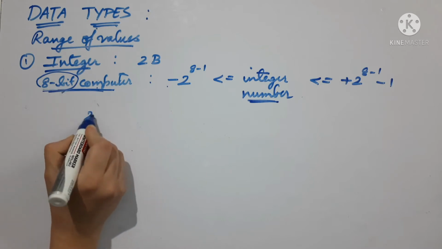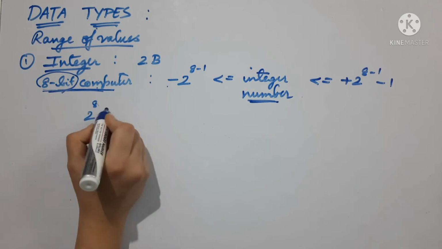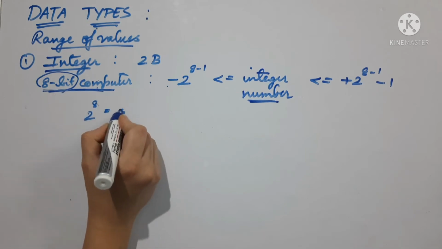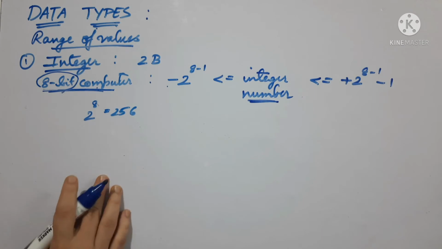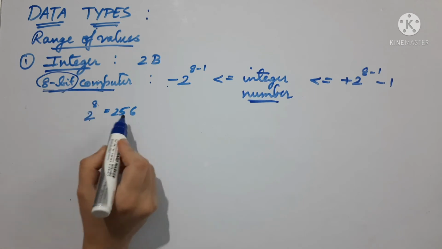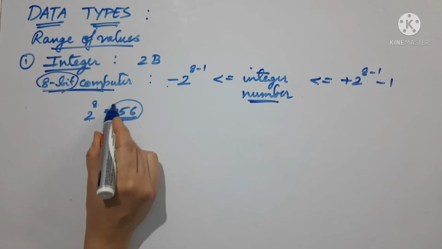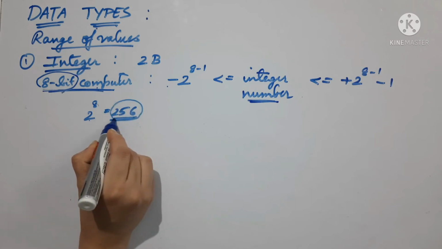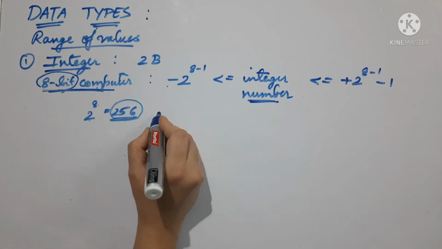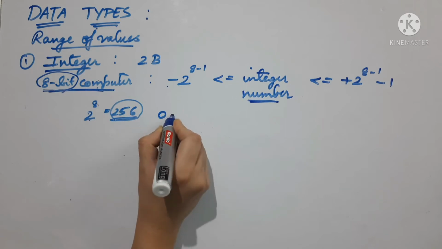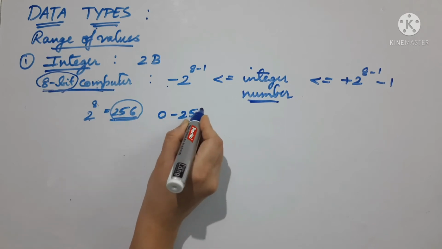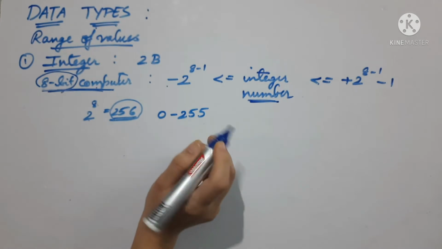We can have 2 to the power of 8, that is nothing but how much? 256. So 2 to the power 8 means 256. That means a total of 256 numbers are allowed. Now these 256 numbers will be in the range 0 to 255. So this is the range of values.